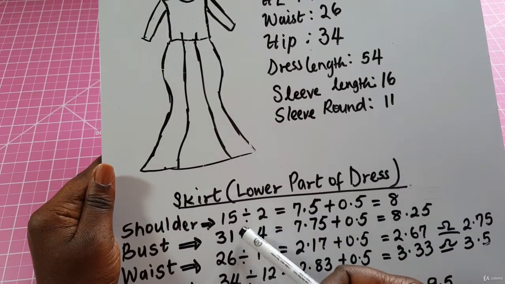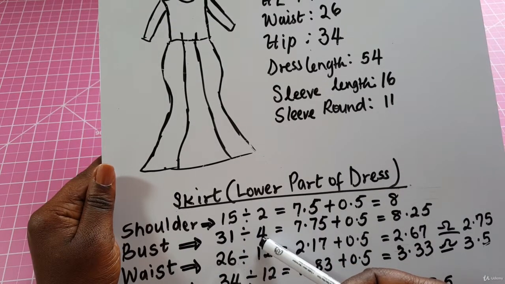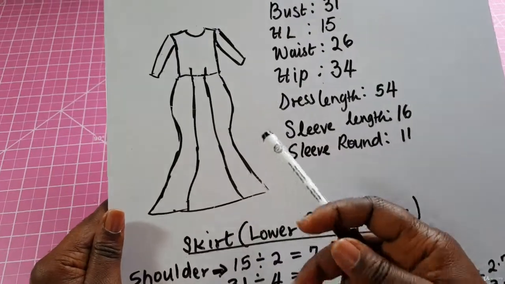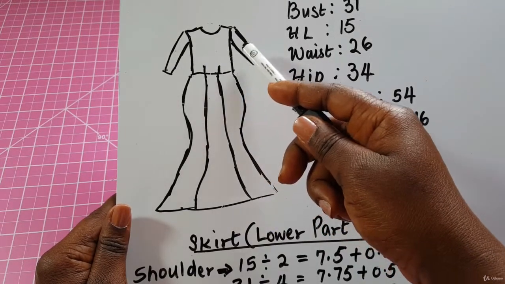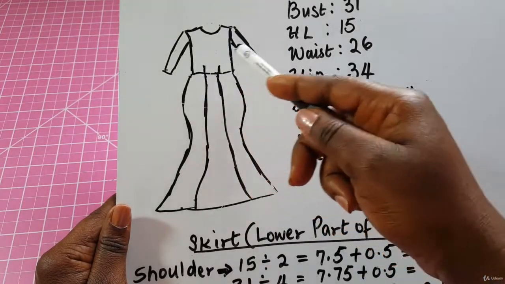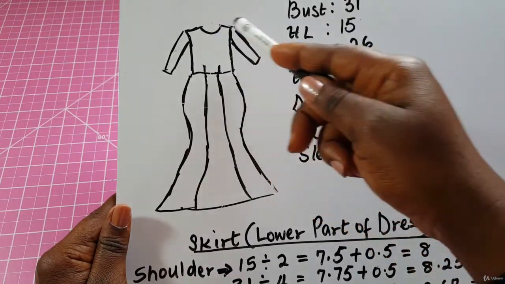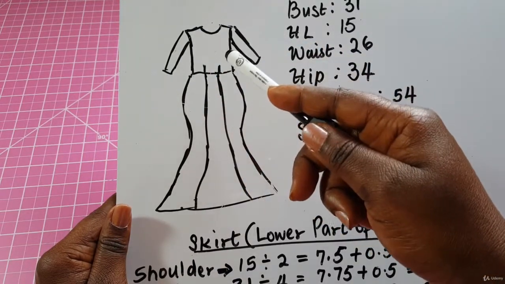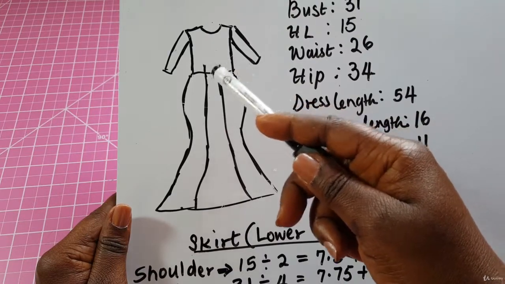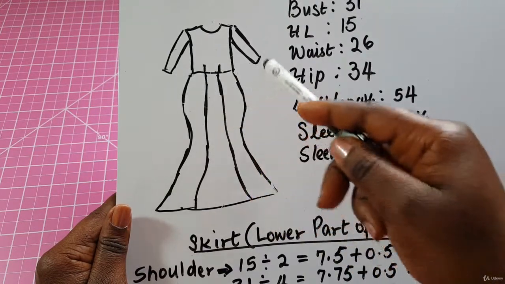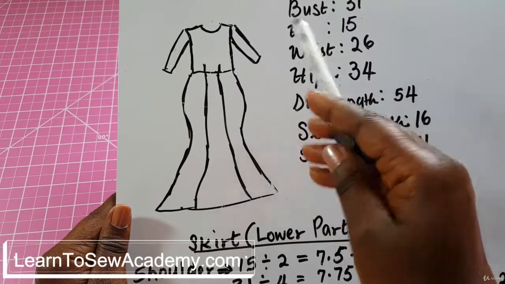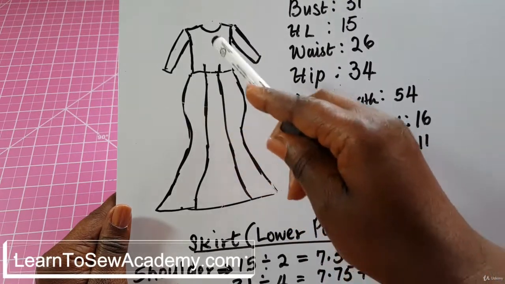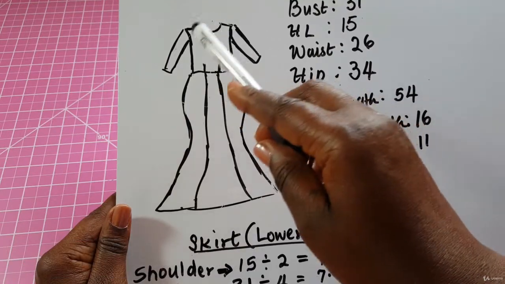Then for the bust, you will notice we are dividing the bust by 4. Now, why 4? That's because when you take the measurement for your bust, you went round the bust area, you took a circumference of the bust. So when you start to cut, you need to divide that measurement into 4 because you're cutting on a fold, and we're going to be cutting for the front part and the back part.